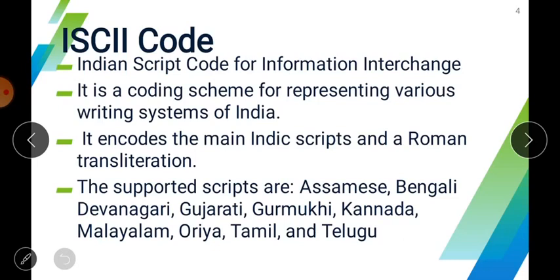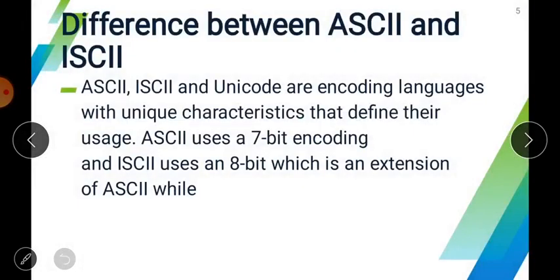So many languages are supported by this code. Now what is the basic difference between the ASCII code and ISCII code? The ASCII code is a 7-bit encoding scheme, whereas the ISCII code is an 8-bit encoding scheme. This is an extension of the ASCII code.